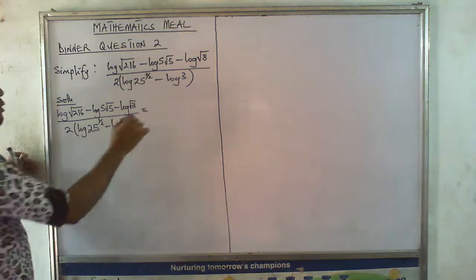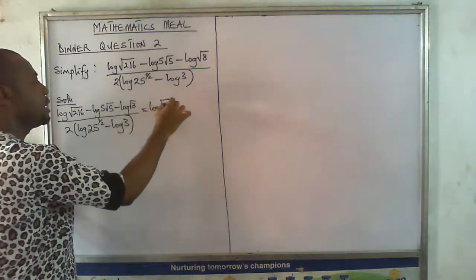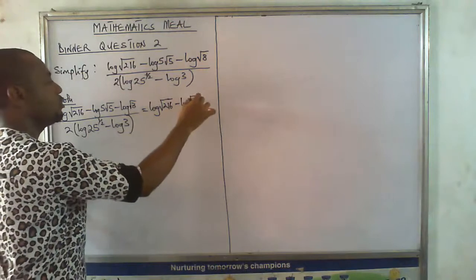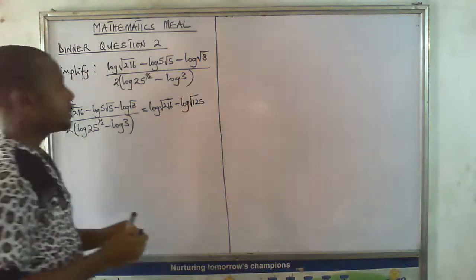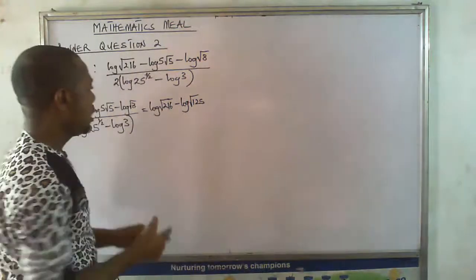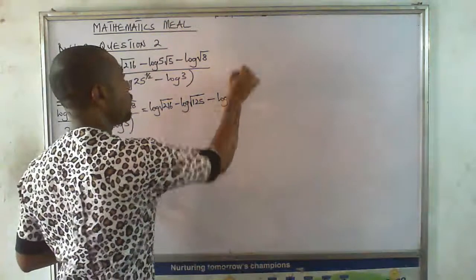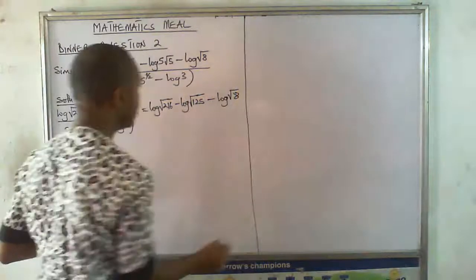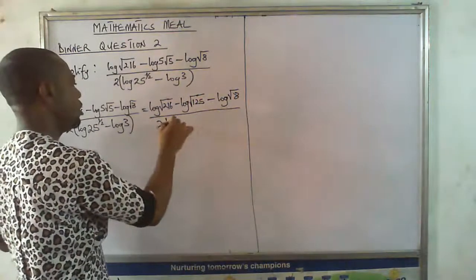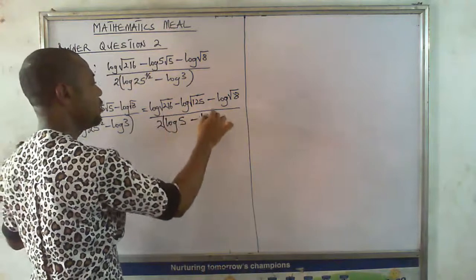Now I can still write this as log root 216 minus log square root of 125. Okay, let's expand this a little. Let's have this part of the bottom minus log square root of 8. Okay, I bring this here. Divided by 2 log 5 minus log 3.